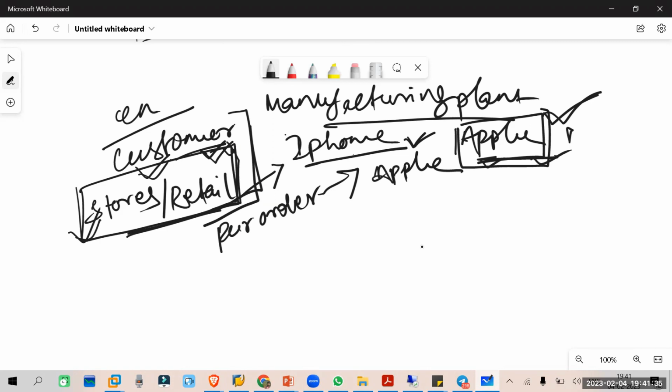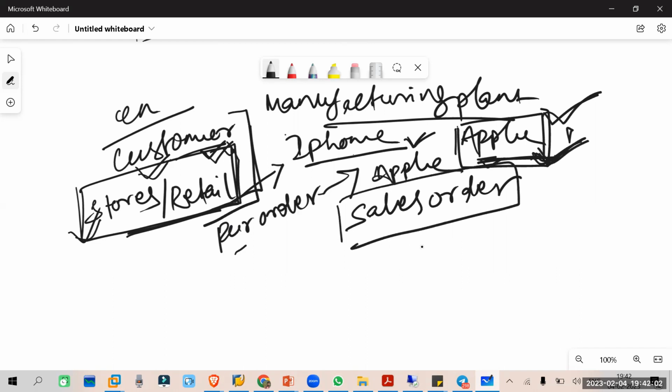Right now let's say you have received one purchase order. The customer will send the purchase order. When the purchase order comes to the manufacturing company, it becomes a sales order, because Apple is selling the iPhone, right? That will become a sales order or a requirement.